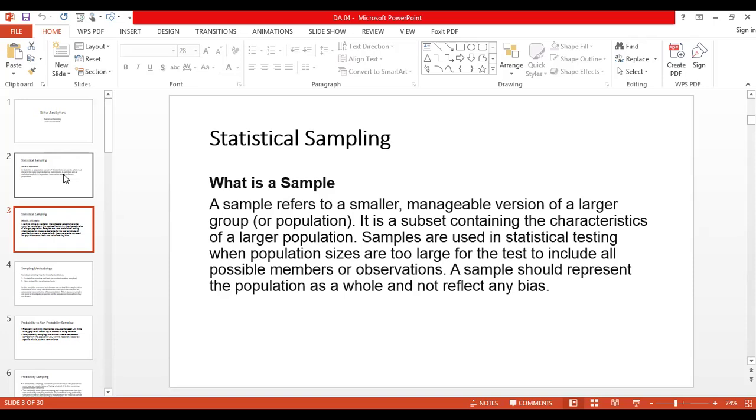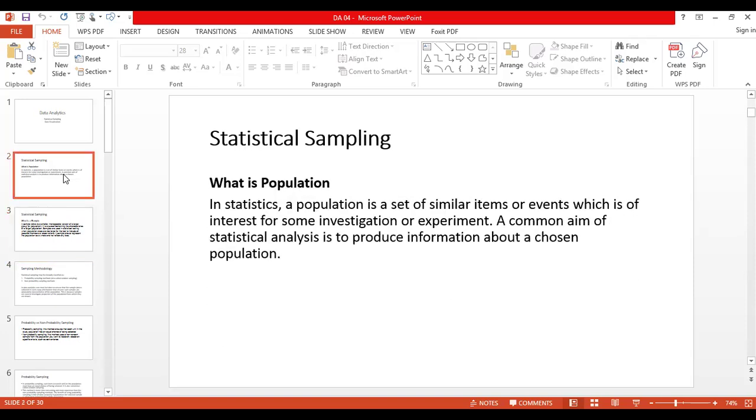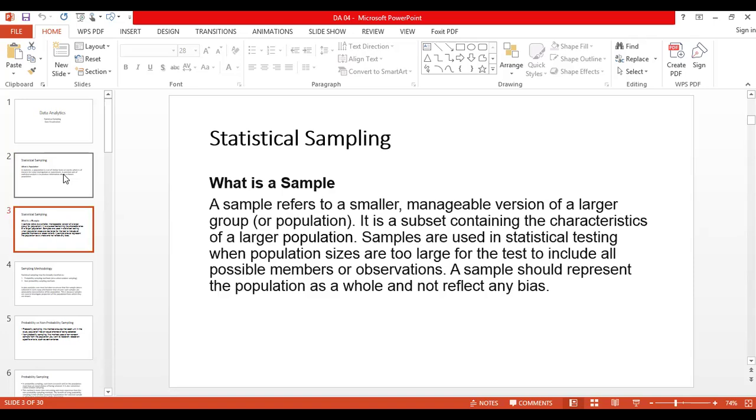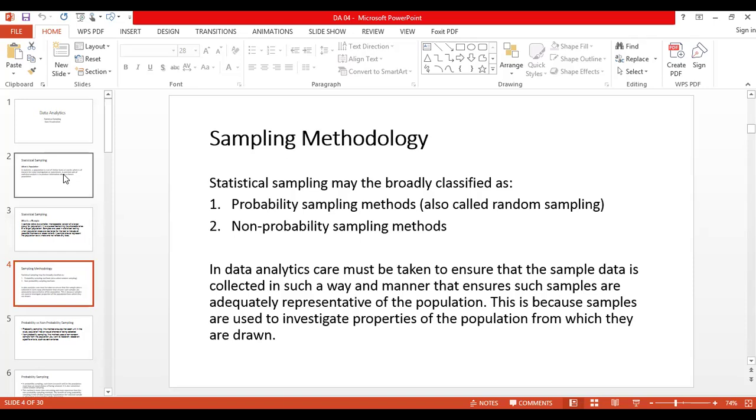You may work in a place where they may decide to involve you in the direct collection of samples. That's not impossible. But generally, as a data analyst, the data is given to you to analyze. You are not the one that collects the data. But you should know something about how data is collected.